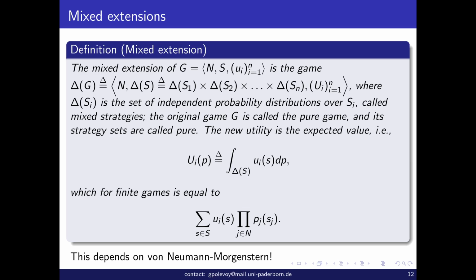If you don't say which, it's always pure, but when we talk about mixed, we can juxtapose it with pure. And the new utility is the expected value of the original utility. So the utility of player i, when the probability profile is P, is the Lebesgue integral.